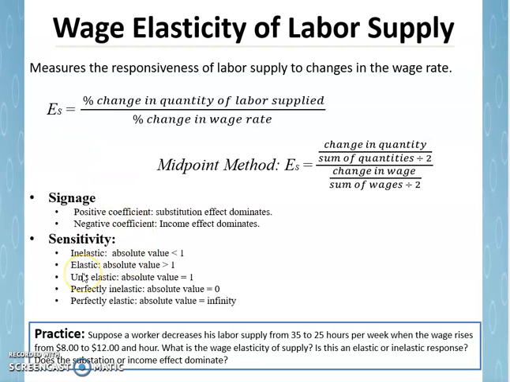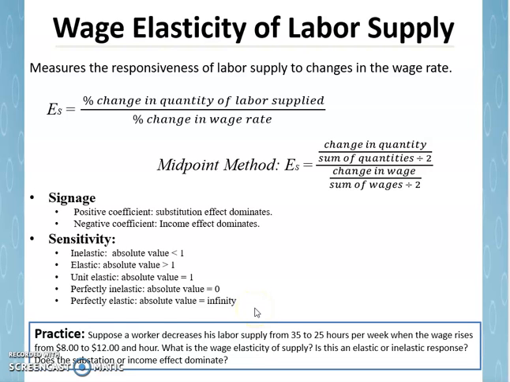If you have an elastic sensitivity, that comes from an absolute value greater than 1. Unit elastic means an absolute value equal to 1. Then you have these extremes. Perfectly inelastic would be an absolute value of 0, and perfectly elastic would be an absolute value of infinity.